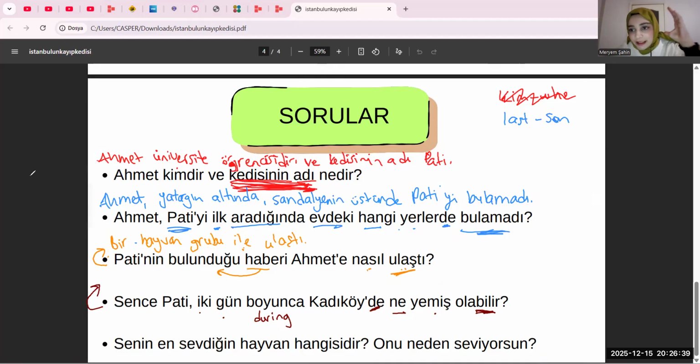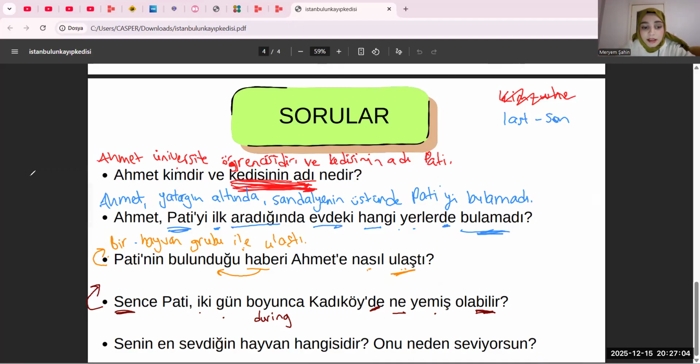So there is no way that Pati was starving. But I also know that in Istanbul there are lots of fishers, people going fishing. So I'm guessing that Pati ate fish. That's my opinion. So sence, we're gonna answer because now I'm giving my opinion.